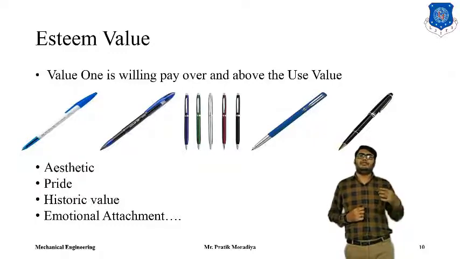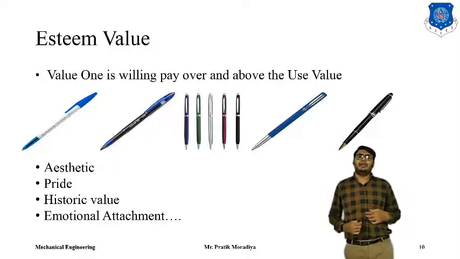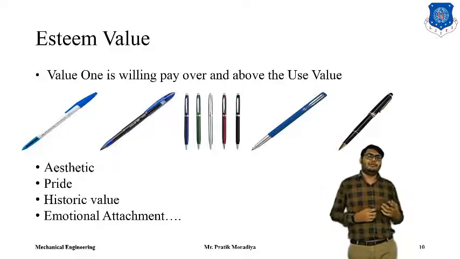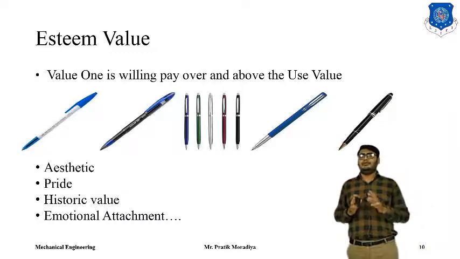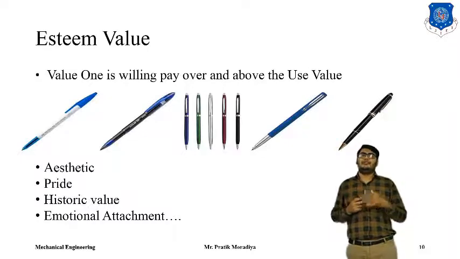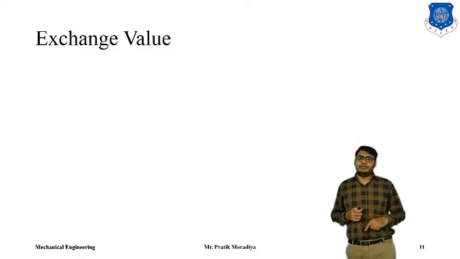Because it had historical value, and it had emotional attachment as well. So that is what esteem value is. It is above the use value. Use value is the value of the basic function, which is a basic price. Esteem value is anything above the function, anything extra you are willing to pay other than its functionality.